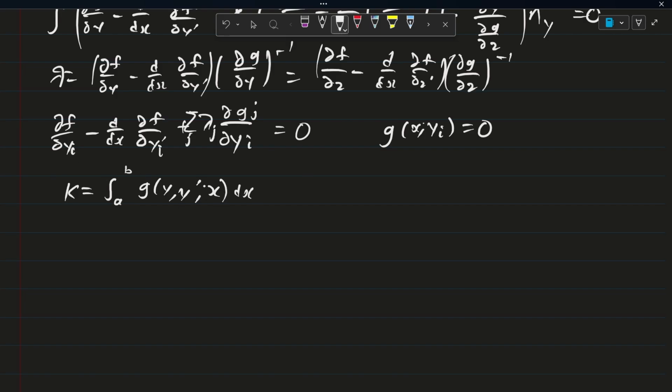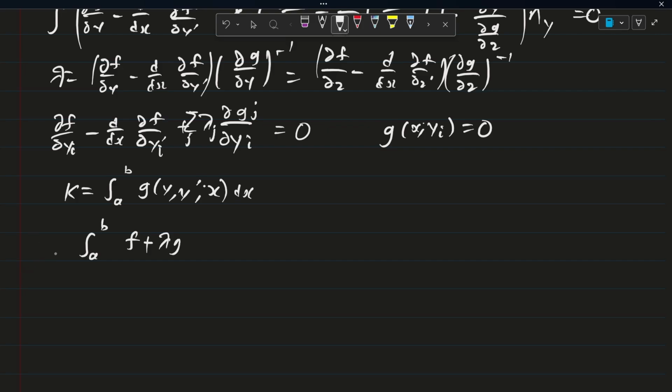So it can be proven, like the Euler's equation could be proven for this particular case, but I won't show it here. But basically what you're gonna solve is just the extrema of the integral from a to b of f plus lambda g. So lambda in here is also another constant, or the Lagrange multiplier.